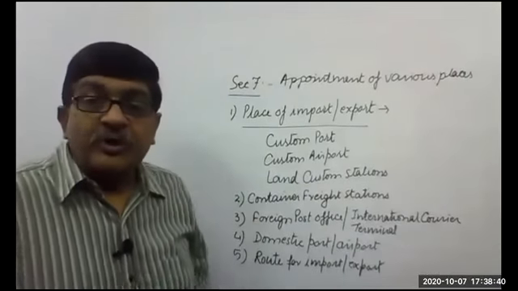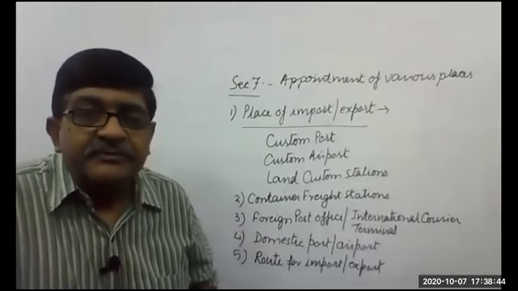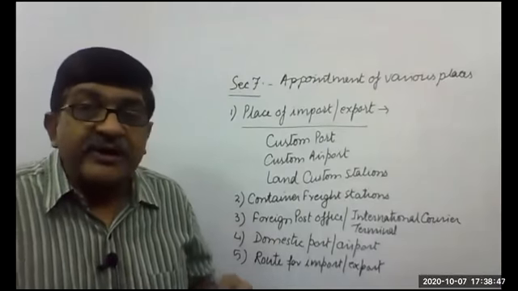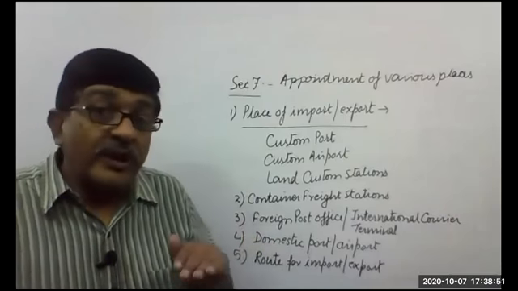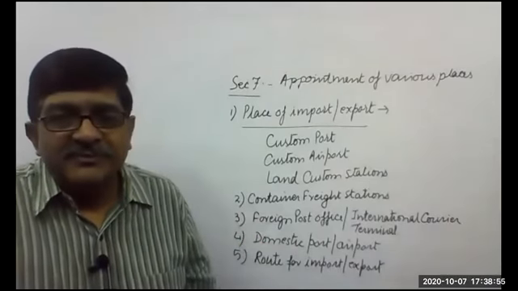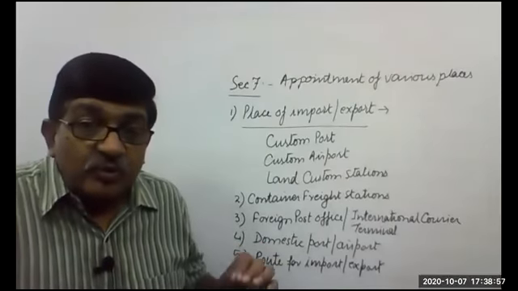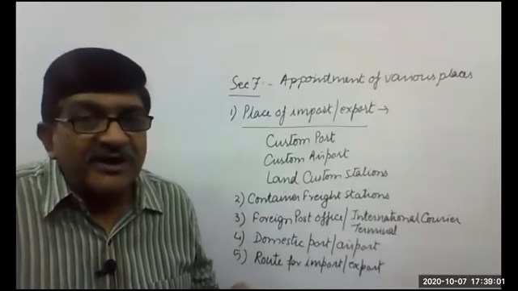So the route I was talking about: when goods are coming to India, they should enter India only through a proper route. When going out of India, again, a proper route has to be followed. Otherwise, if the route is diverted, that can be a case of smuggling or attempted smuggling.